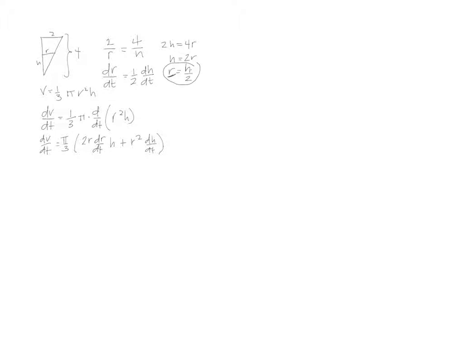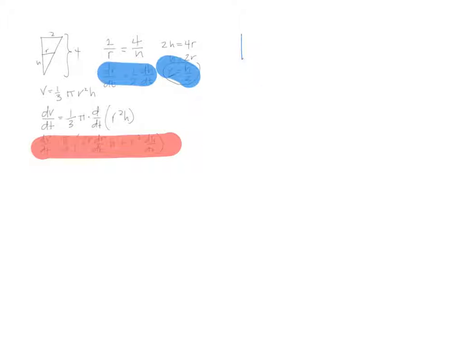All right, I shrunk it up so I have a little bit more space to work, but I am working basically from right here. Now I'm going to use this relationship, and to get it into a single variable, I can even use this relationship to get rid of the r's, because I know the height in this case is 3. You have a couple choices.